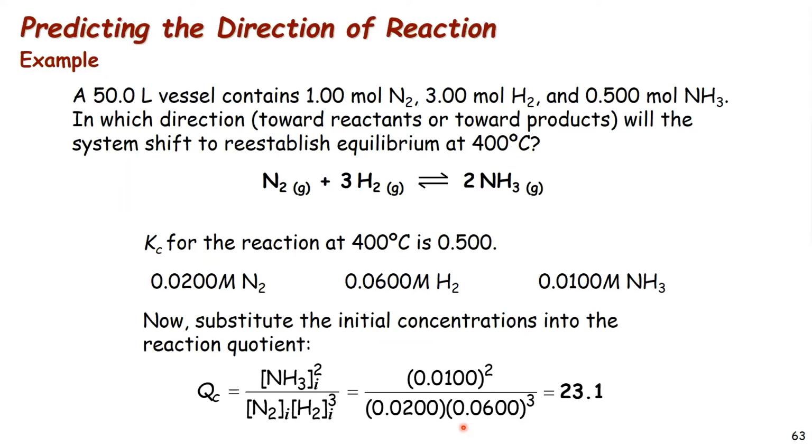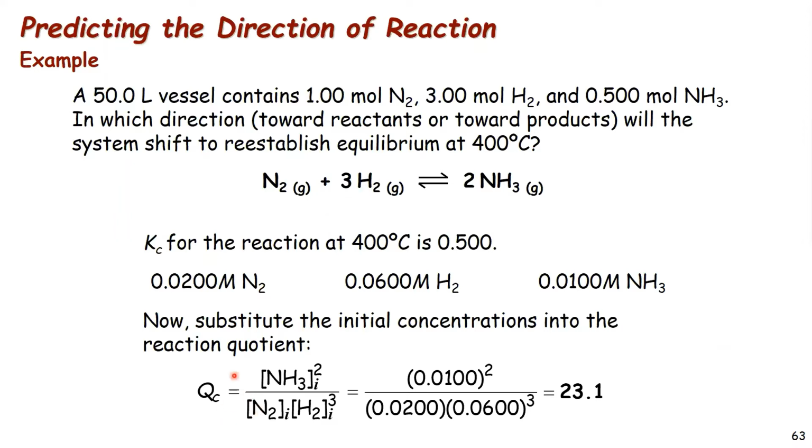So is this reaction going to proceed towards more products, from products back to reactants, or is this already at equilibrium? Which way is this reaction going to proceed? Leah, what do you think? I think it's going to go forward, to products.